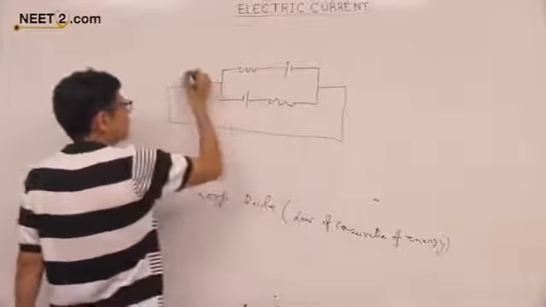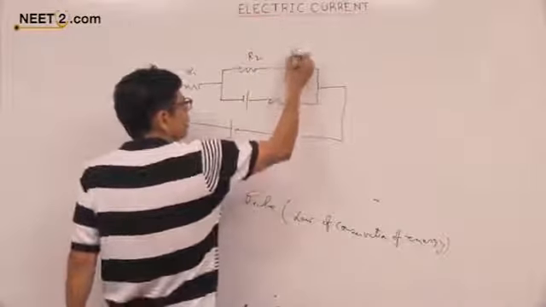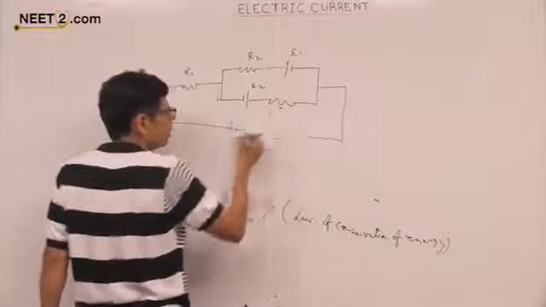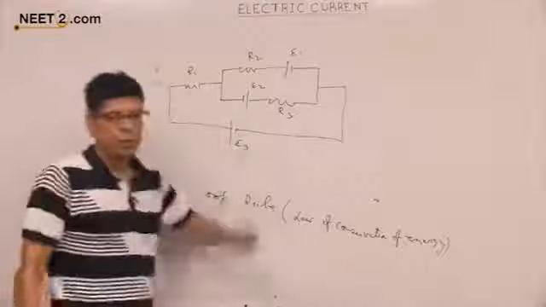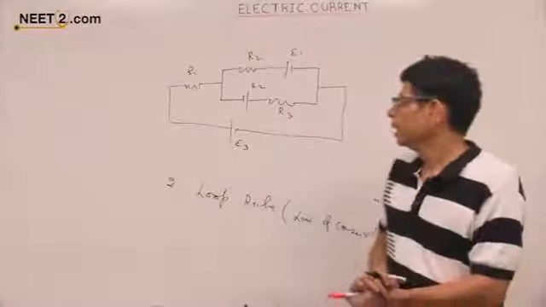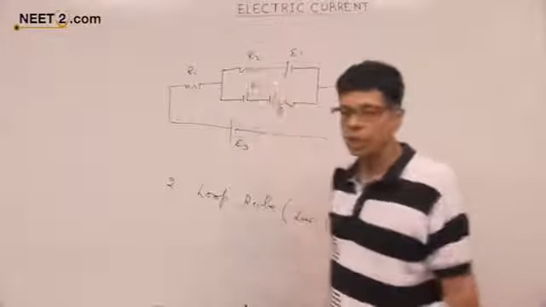Let's call this R1, R2, E1, E2, R3, and this is E3. All the values are given to you. You can think numbers in place of these. The job on hand is to find out the current through each branch.